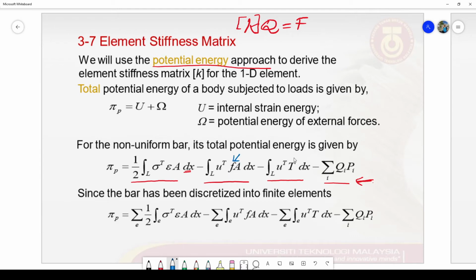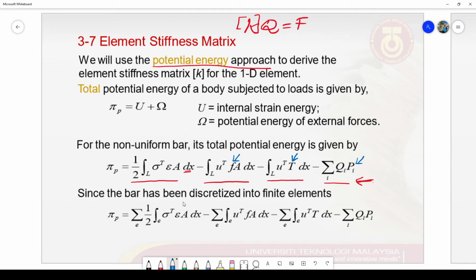Then in the third term we have P, which refers to the traction force, and then we have PR, which refers to the point load. So as we can see in this equation, we have three terms that relate to the loading acting on our elements.